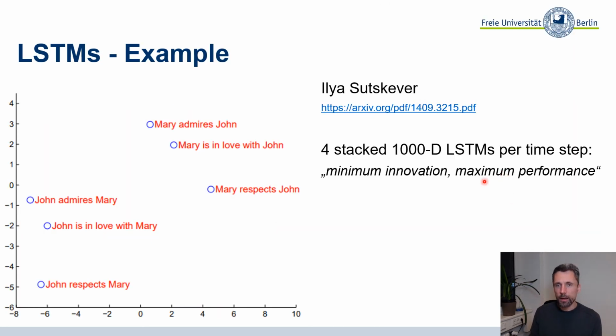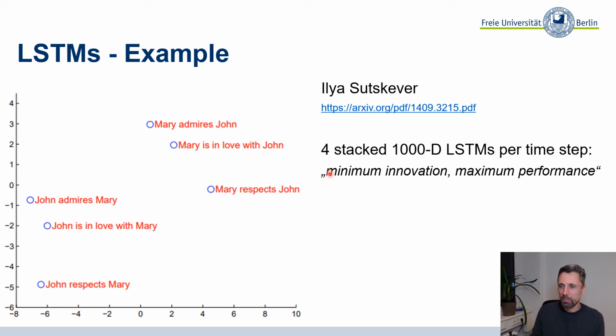Now, another example that touches on what kind of hidden information is stored, learned and retained throughout a sequence. This is an example from a paper by Ilya Sutskever, one of those famous machine learning guys.